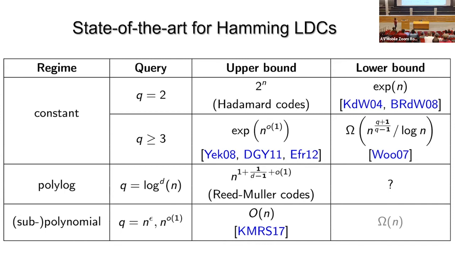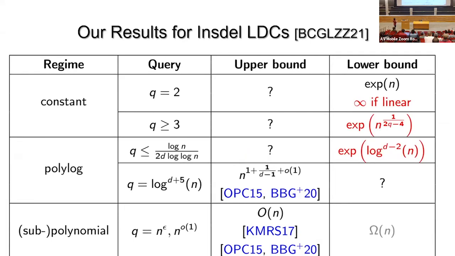So what about INSDEL codes? First of all, Hamming errors are edit errors, so the lower bound for two query Hamming LDCs does hold. So we have an exponential lower bound holding there. We can show that there are no linear two query INSDEL LDCs.